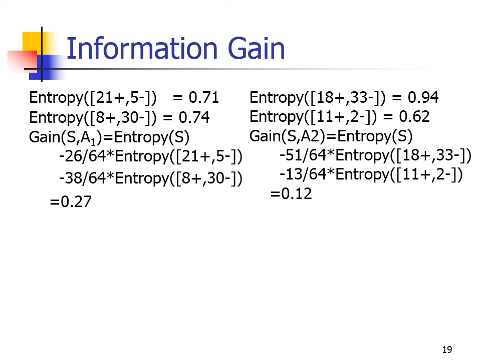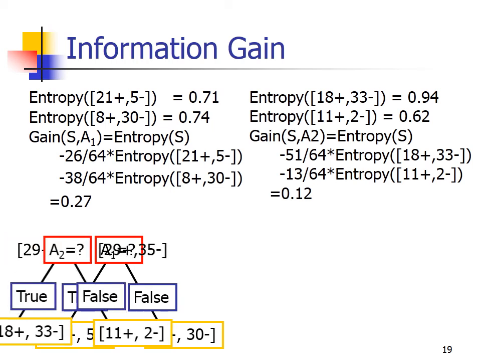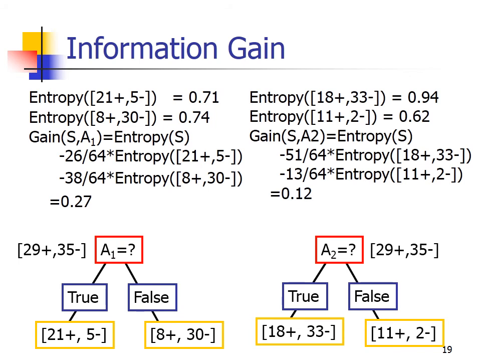So the one on the left takes that node. So you can see, if it is true, we get that classification. If it is false, we get that classification. Similarly here, that is the next.